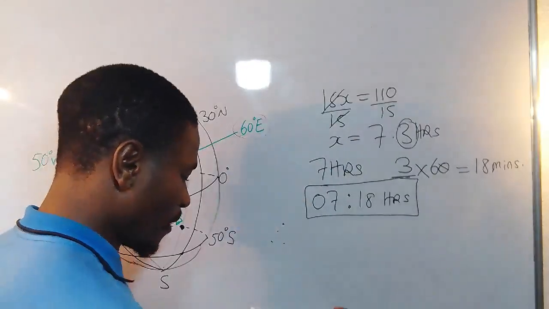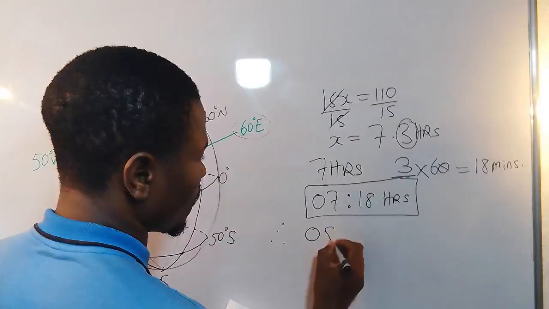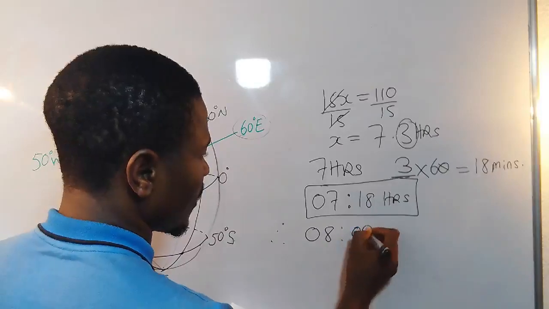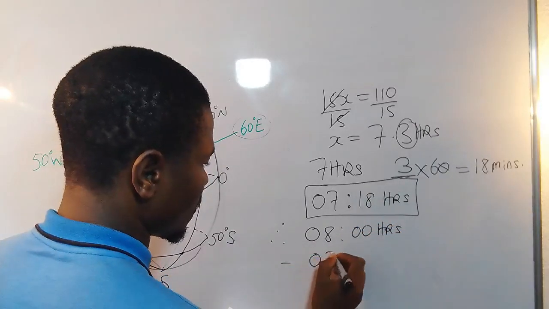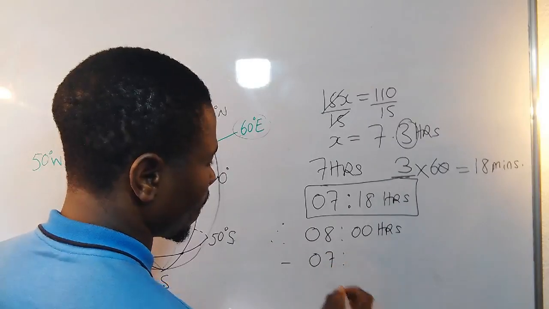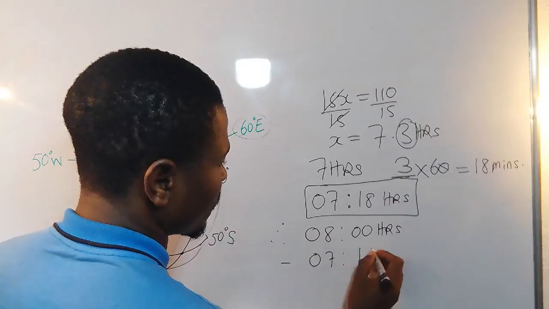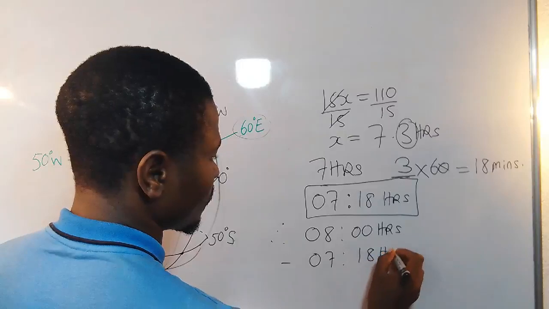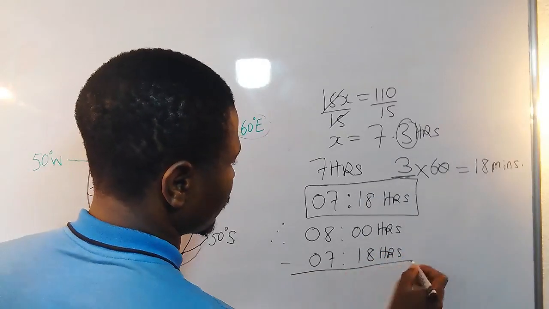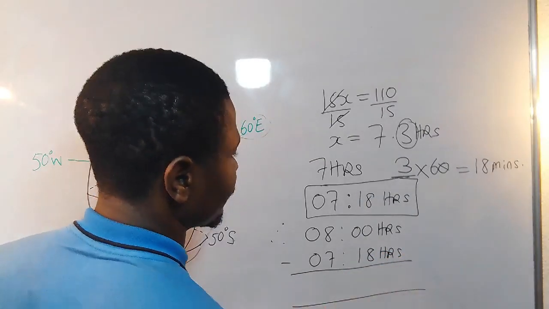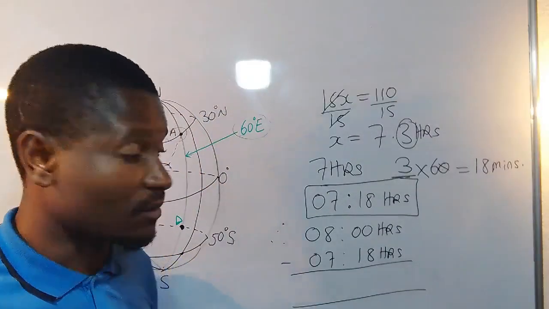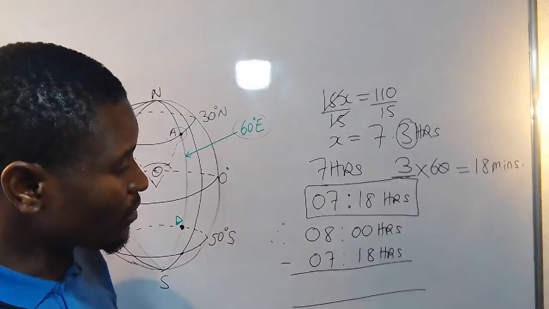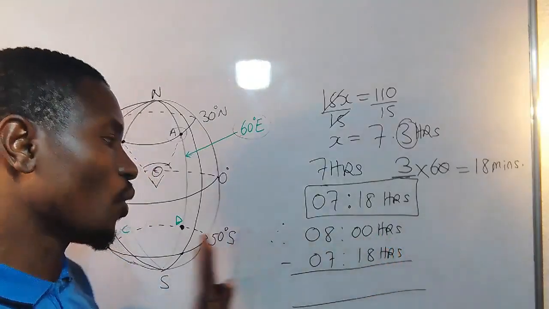So therefore, we're going to say 08 hours minus 07, okay, minus 0718. Now once you have this, when you start subtracting, you start from this point going to this point.